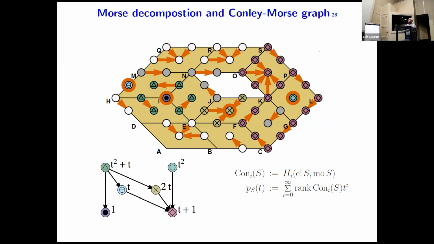Okay, so maybe let me make this comment. Here in this example, again, this periodic trajectory is an isolated invariant set. When you look at it, just use the topology created from the plane.